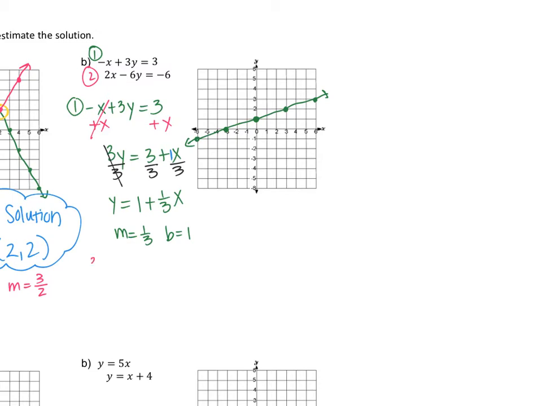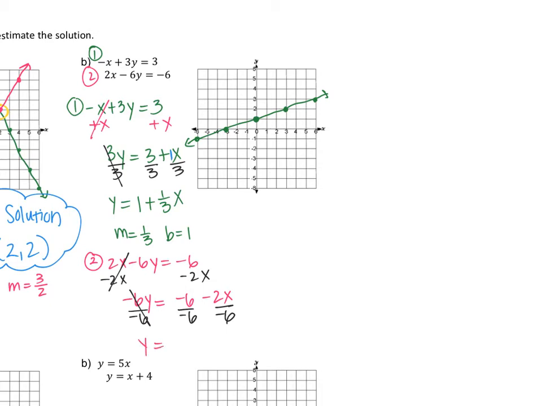So for the second equation, we have 2x minus 6y equals negative 6. So I need to subtract 2x over to try to get that y by itself. And so they're not like terms again, so I'm just going to bring them down as they are. I'm going to divide every term by negative 6. So that cancels.